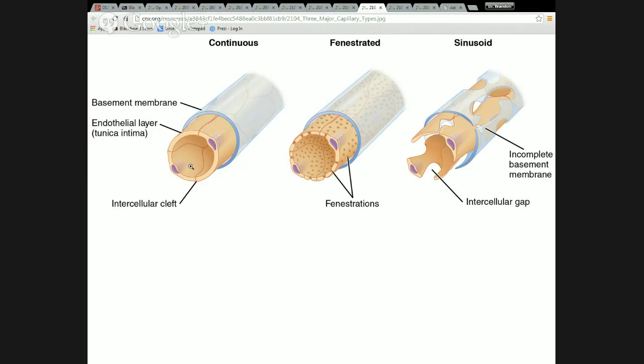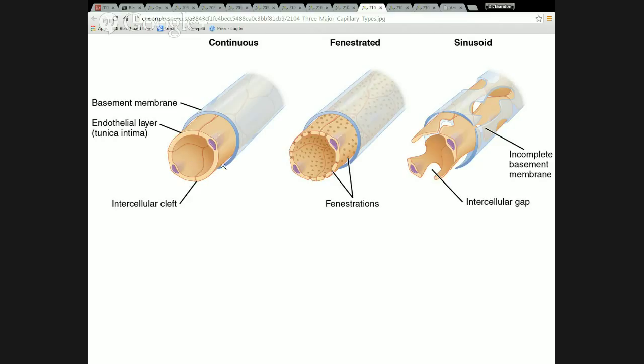The only way those larger molecules can get out of the blood and into the surrounding tissue, or molecules from the surrounding tissue can get into the blood, is through active transport across the endothelial wall. So it's not demonstrated in this picture, but if there's a glucose molecule in the blood here, it'll move through the cell within a vesicle, and then leave the cell.